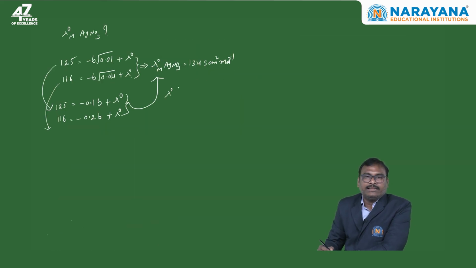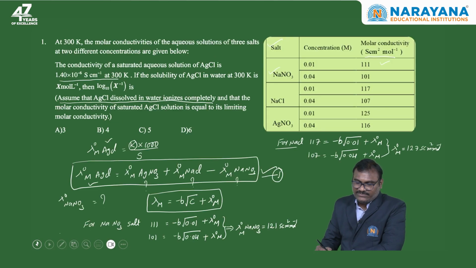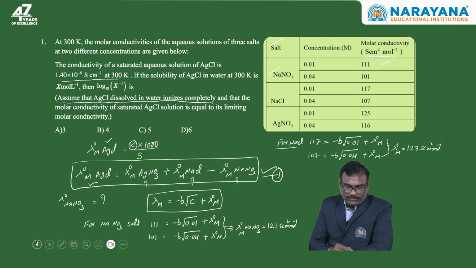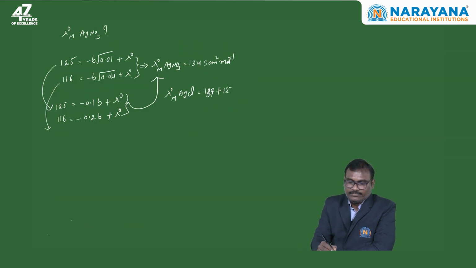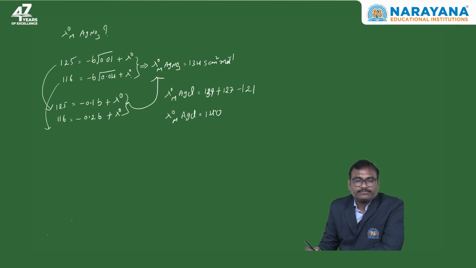After substituting all three values in equation 1, lambda naught of AgCl is equal to 134 for AgNO3 plus 127 for NaCl minus 121. After doing so, I got lambda naught of AgCl as 140 Siemens centimeter square mole inverse.